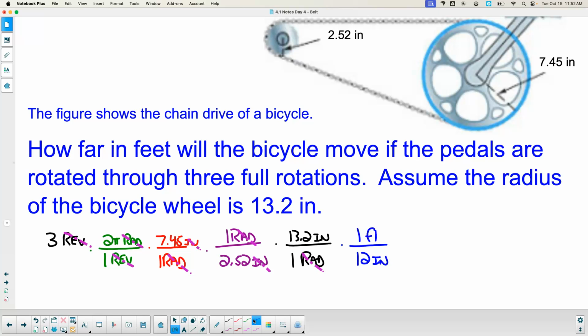What's the only thing we got left? Feet. All right? So we've got 3, 2 pi, 7.45, 13.2 on the top. We've got 2.52 and 12 on the bottom. 3 times 2 times.